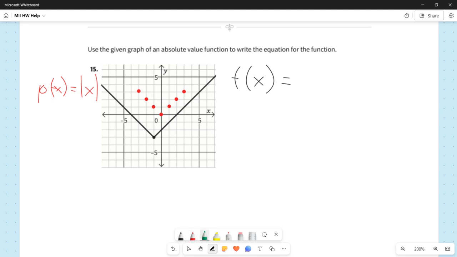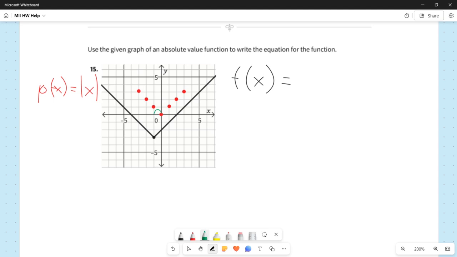Well, if we follow the journey that our new vertex took to get to where it is now from the parent function, what happened with the vertex? Well, you can see that starting at the origin, in order to get to the new vertex, we have to go to the left 1 unit, right? So from 0, 0, we go to negative 1, 0.